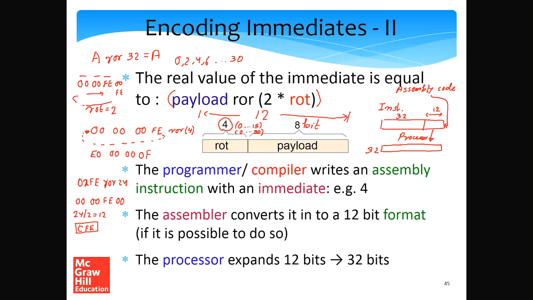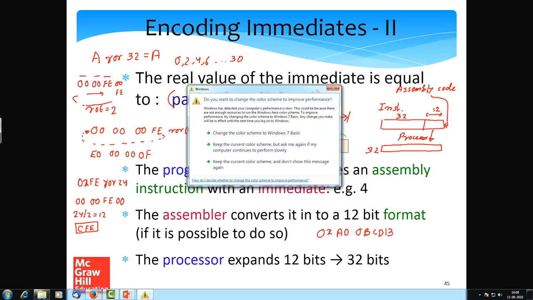If it is not possible, for example, a number of this form just has too many bits, so it is not possible to specify it in the 12-bit format, so multiple instructions are required. Each of the instructions specifies an immediate which can be put in this format, and the assembly code is created.